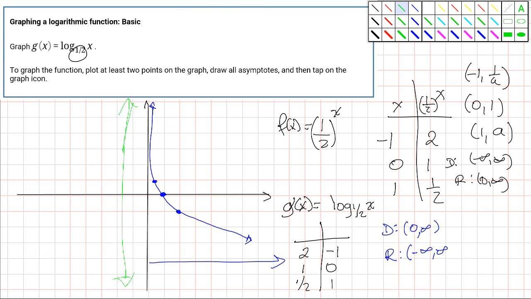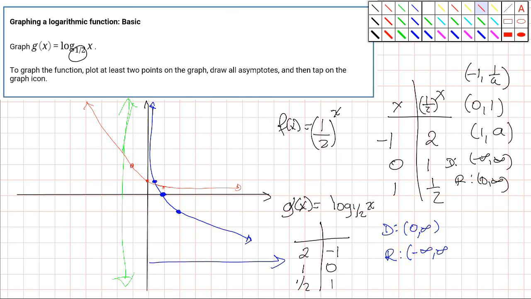So that's how we graph a logarithmic function. I'm just going to plot the points of the exponential function just so you know what it would have looked like. So if we would have plotted the exponential function, it would have been (-1, 2), (0, 1), (1, 1/2). So the exponential function would have looked like this.